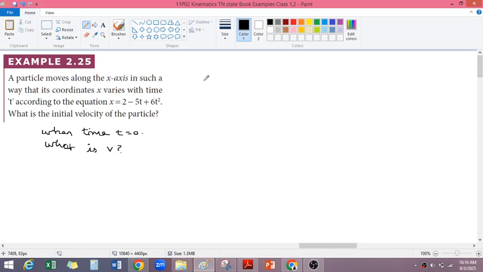So what I can do is, velocity means dx by dt. So that means you can differentiate this. So x is equal to 2 minus 5t plus 6t square. If I want velocity, I should differentiate this. So dx by dt, differentiating 2 will become 0, minus 5 plus 12t.